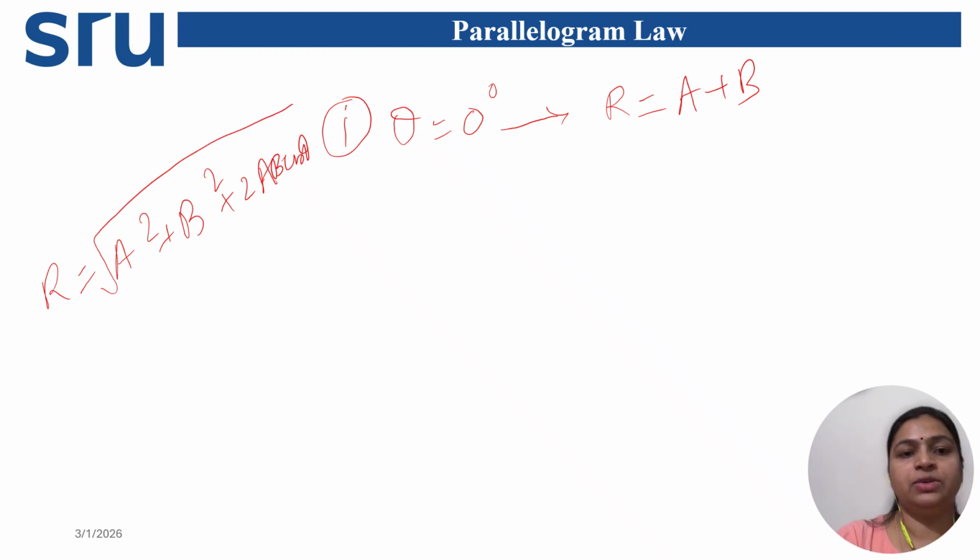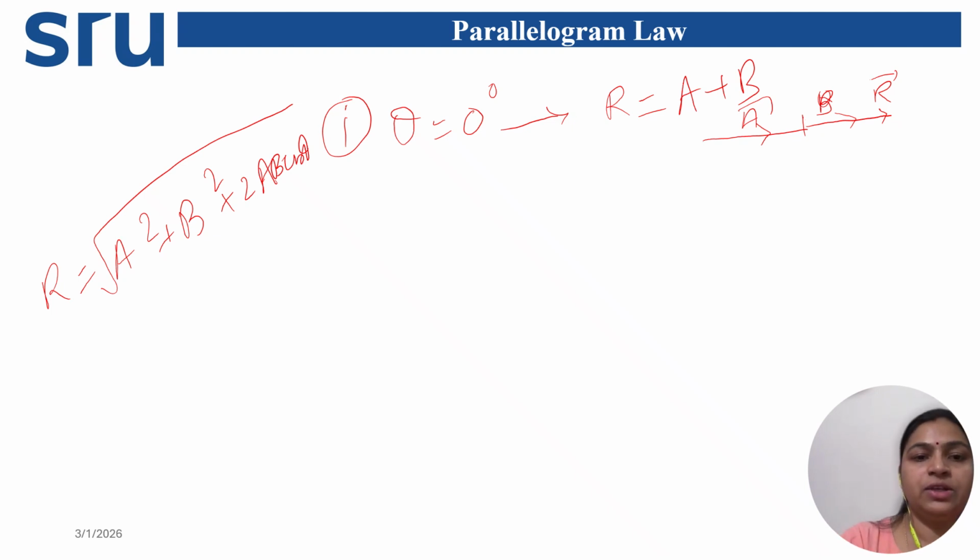So theta is 0, that means cos theta is 1, so a plus b whole square, that means r is equal to a plus b. So that means if this is one vector a and another vector b is in the same direction, then the resultant will be this r. This is, let's say, b and this is a.